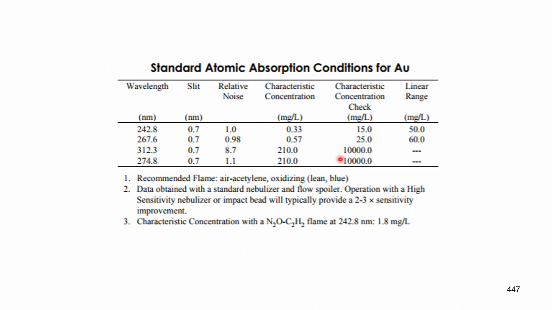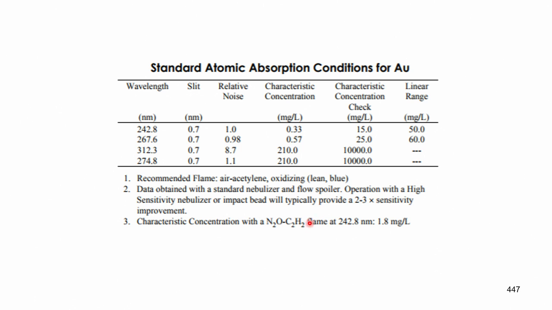Then linear range is up to 50 ppm, air acetylene is advised, and sometimes if you want to determine at lower level you should go to nitrous oxide acetylene, but 90% of the time people do not want to work with nitrous oxide acetylene unless it is necessary. People prefer air acetylene.